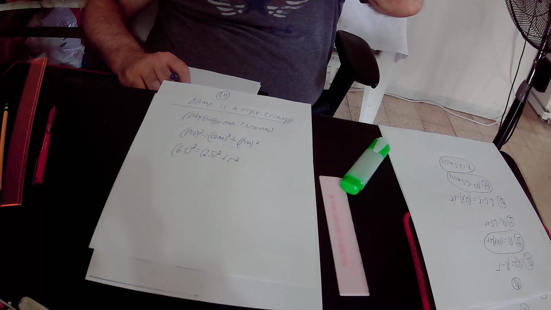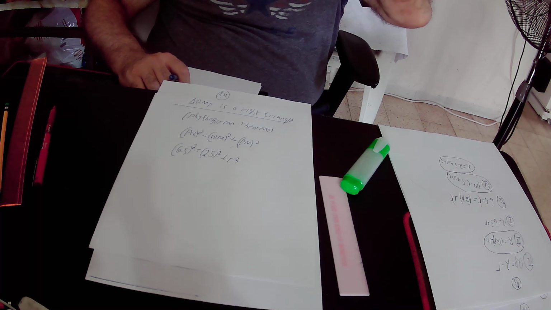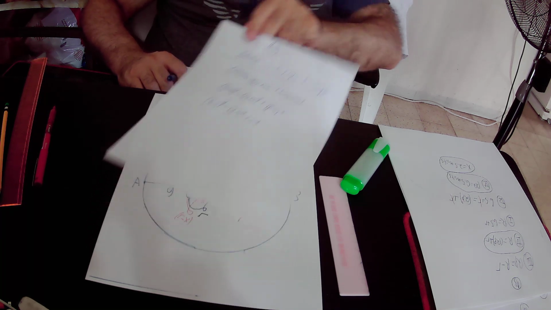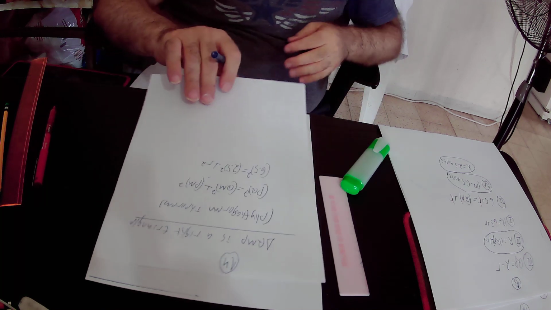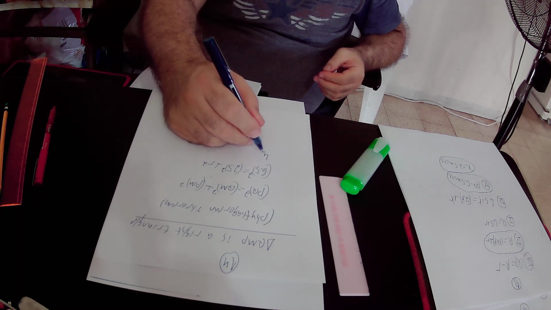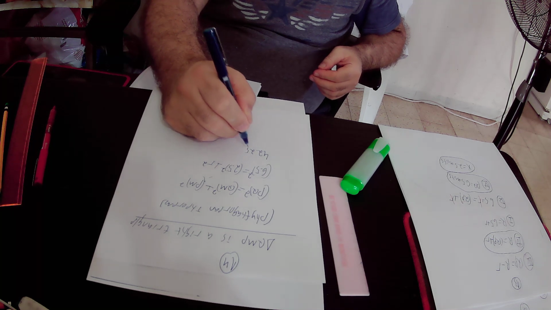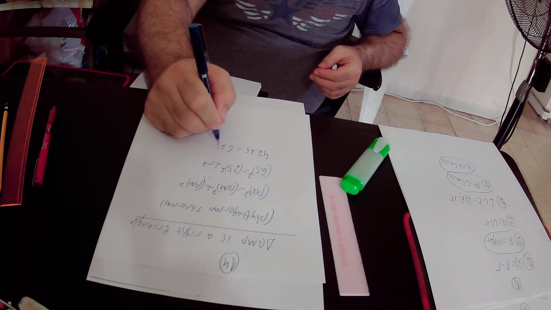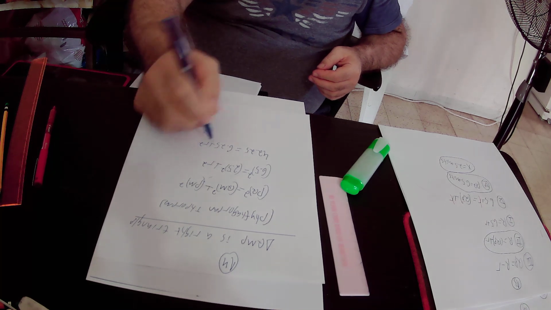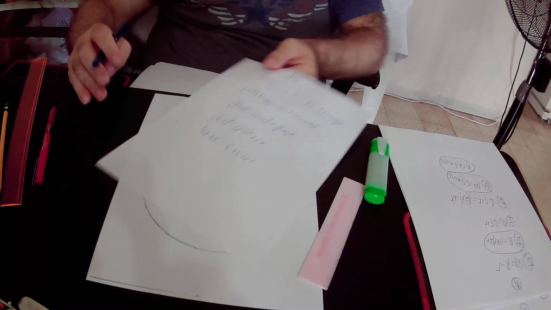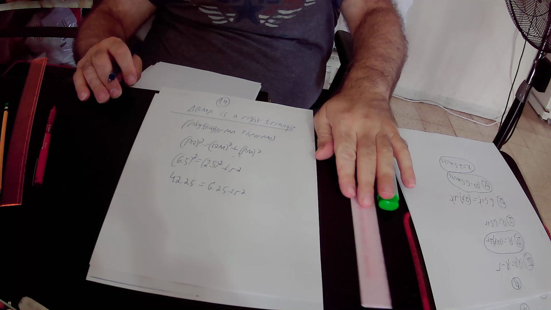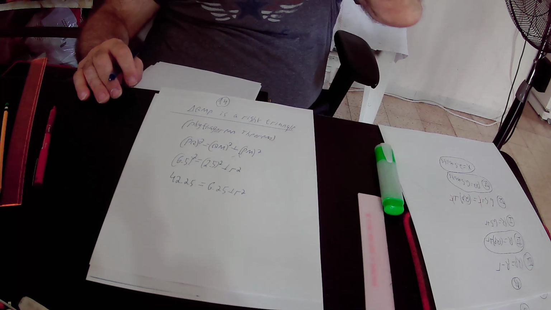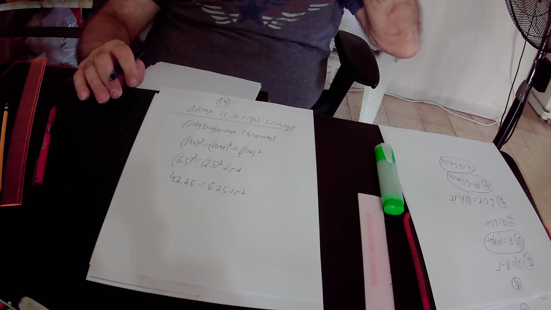6.5 square is 42.25 and 2.5 square is 6.25. So I will write it down. We got that 42.25 equals 6.25 plus small r square.